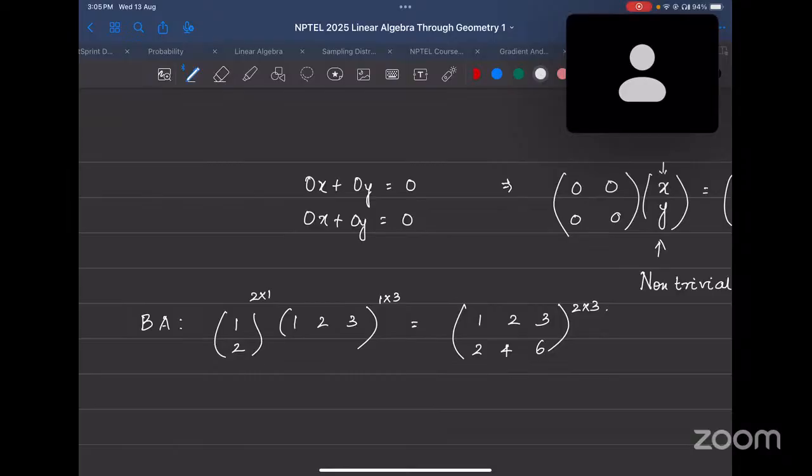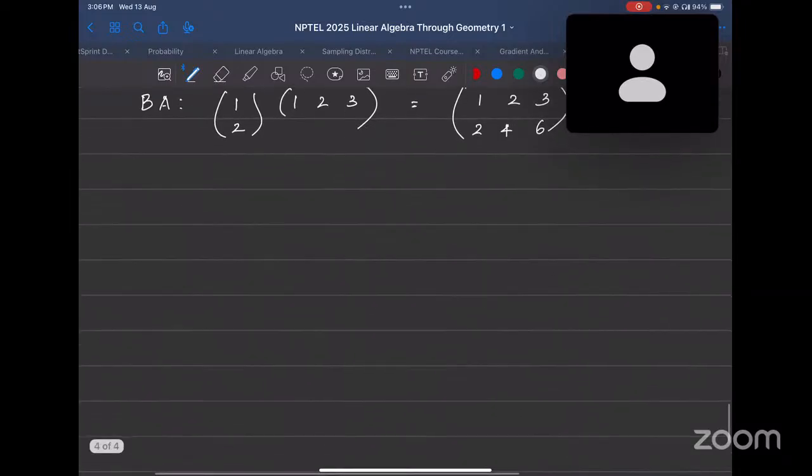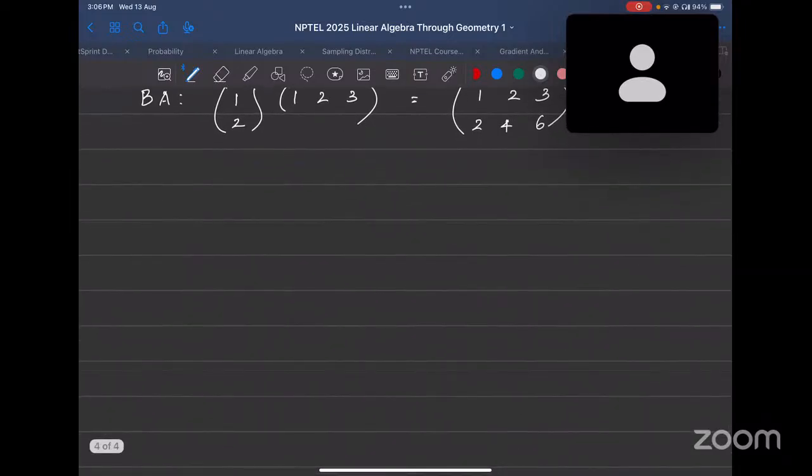Then question number 8: if a matrix has dimension 2 by 3, it can be multiplied with which of the following matrices? So are you going to multiply it with a 3 by 3 matrix or a 3 by 2 matrix? See, there are two things here. I think the wording should have been a bit better here.